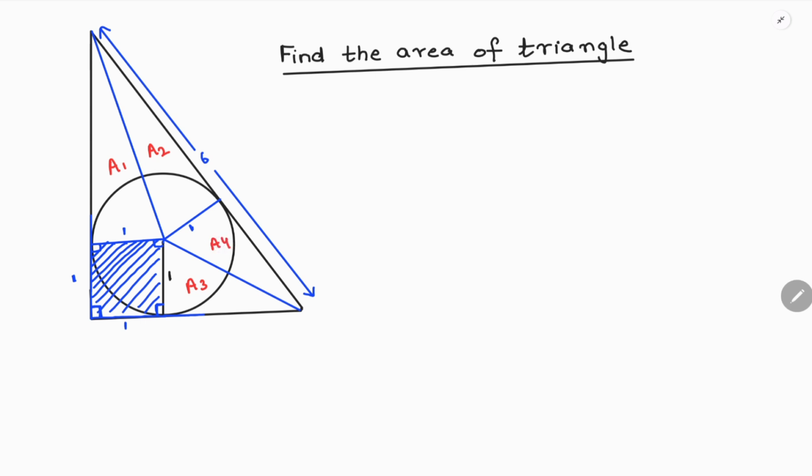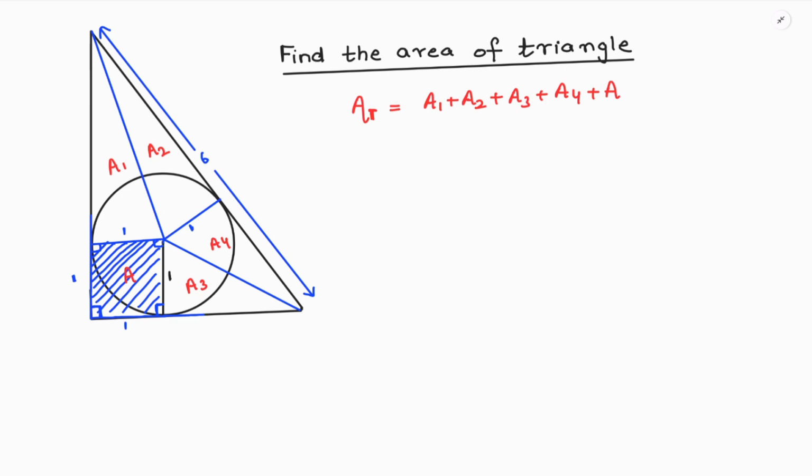The area of the square is A. So the area of the complete triangle, AT, equals A1 plus A2 plus A3 plus A4 plus A.